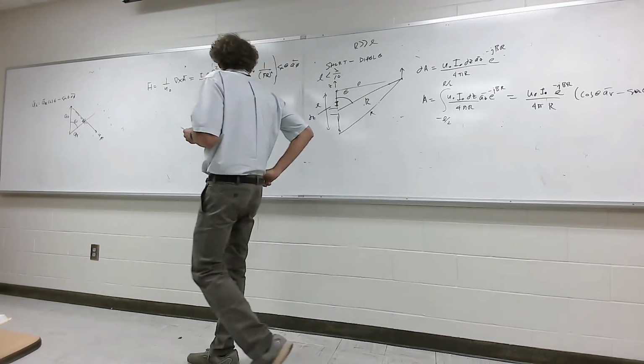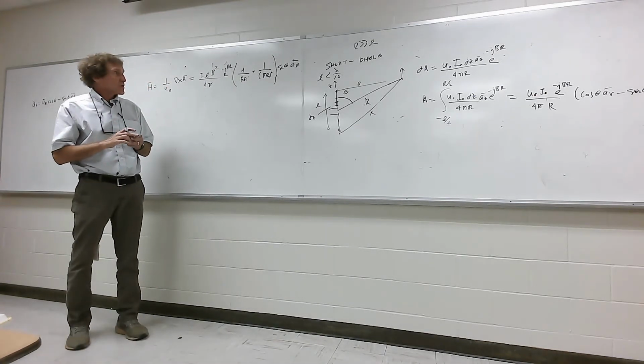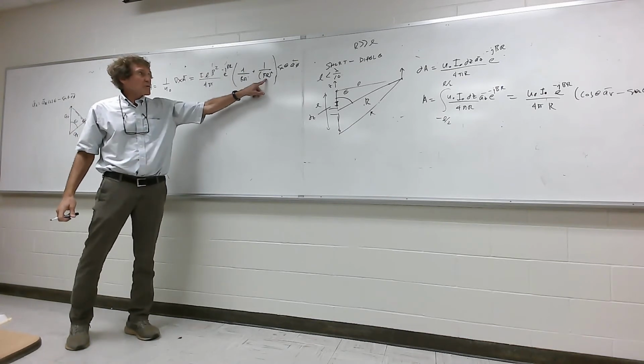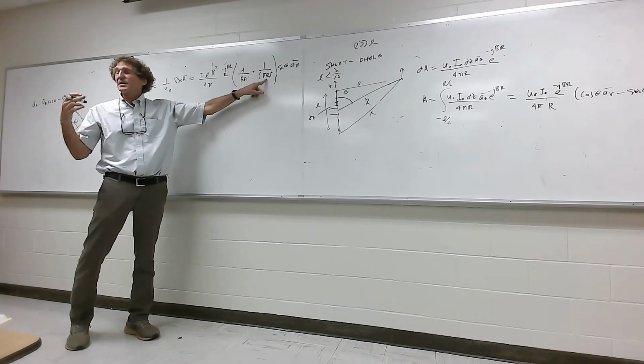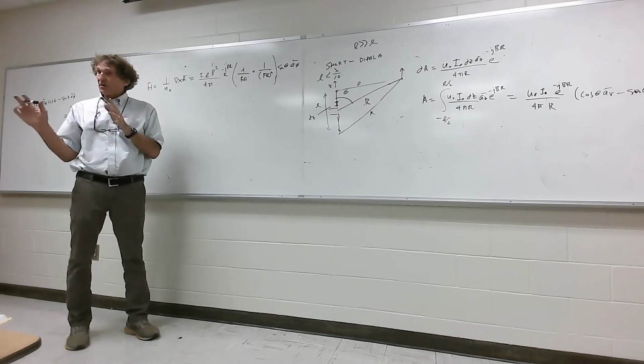Okay, now, when you look at this, there's 2 terms. You'll notice one term falls off as 1 over r and the other as 1 over r squared. Y'all follow me? The 1 over r squared term has to do with the near field energy of the magnetic field. The 1 over r term has to do with the propagation effects. Y'all follow me?